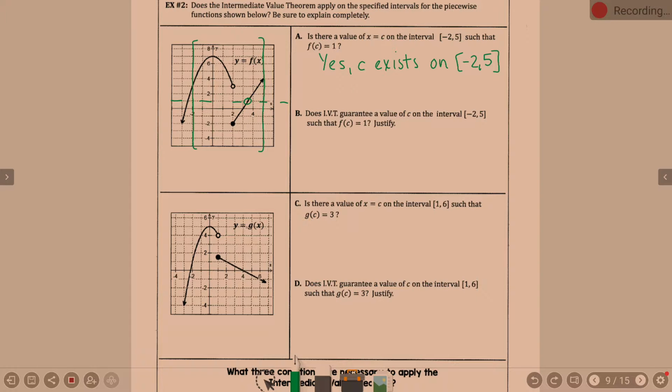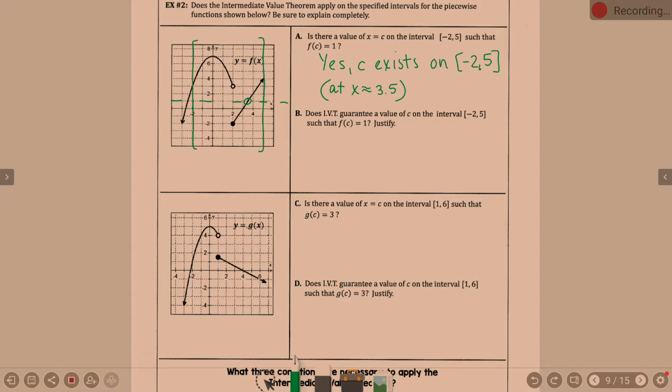I guess it doesn't really say what is the C value, does it? It just says, is there a value? So you could say that x is approximately 3.5. It didn't ask that, though. It just said, is there a value of C on the interval such that that's true?